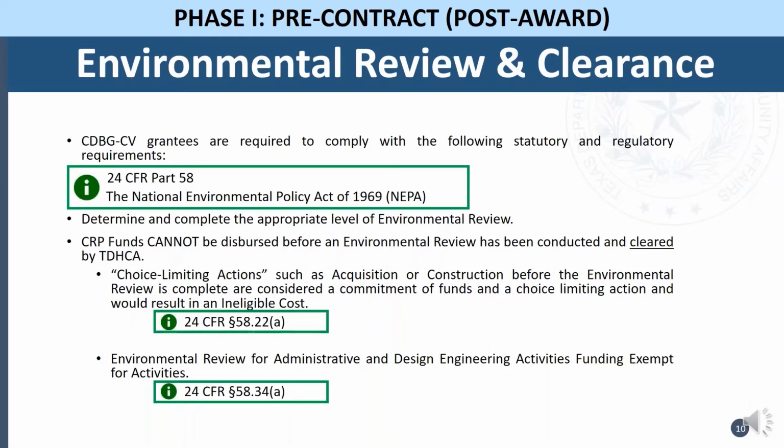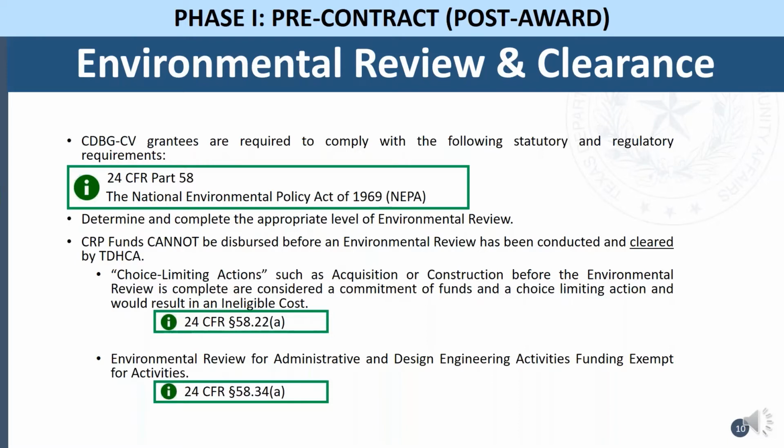The environmental review and clearance is required to comply with the following statutory and regulatory requirements highlighted in the green boxes. In addition, CRP funds cannot be dispersed prior to an environmental review being conducted, and the environmental review must be cleared by TDHCA.